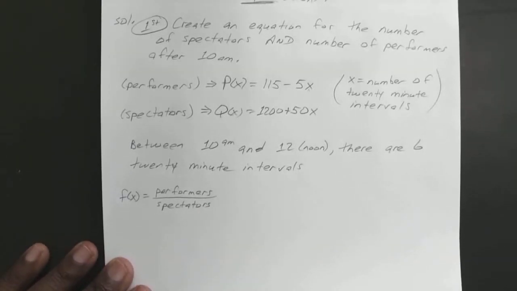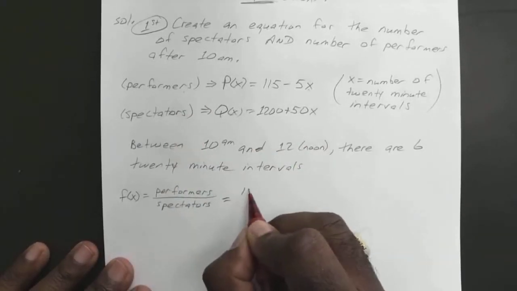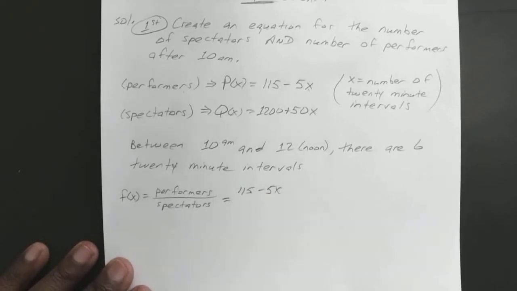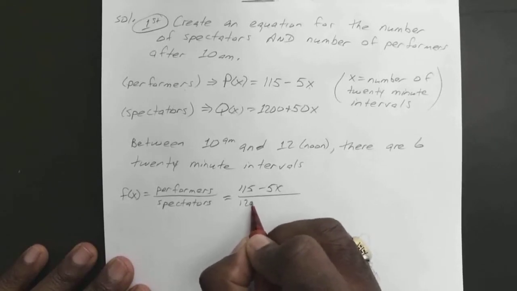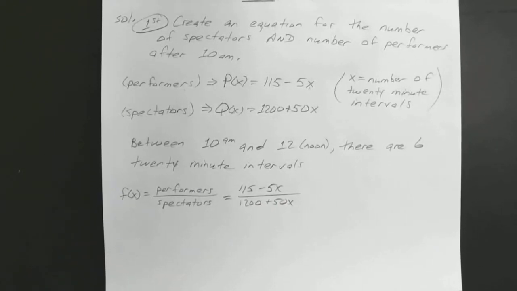Okay, so that's your ratio of performers to spectators, which we already know for our performers is 115 minus 5x over 1200 plus 50x. Okay, so that's our ratio after 10 a.m.